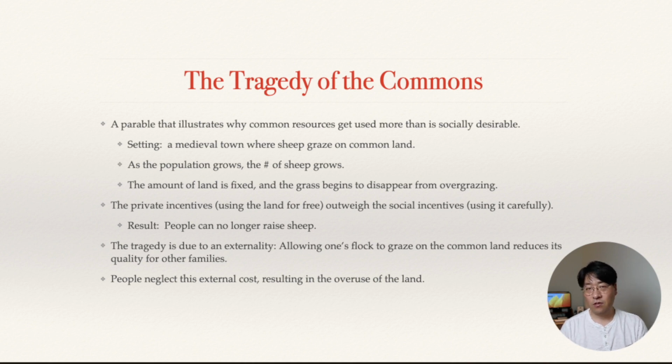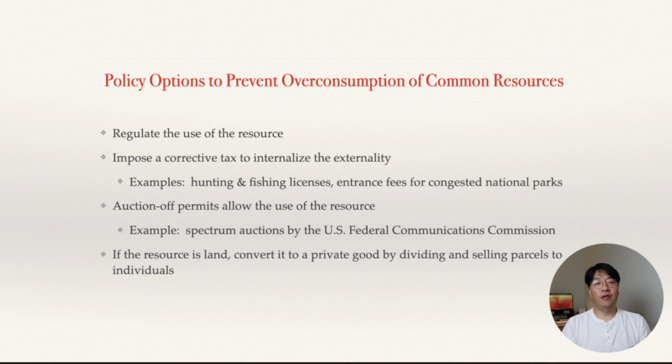Tragedy of the commons: how can we deal with it? Property rights, right? Allowing one family to graze a flock on common land reduces its quality for other families; that is the tragedy. Here are the policy options. Regulate the use of resources, like giving property rights, or the government directly controlling quantity, or permits, or all different types of things that can be imagined.